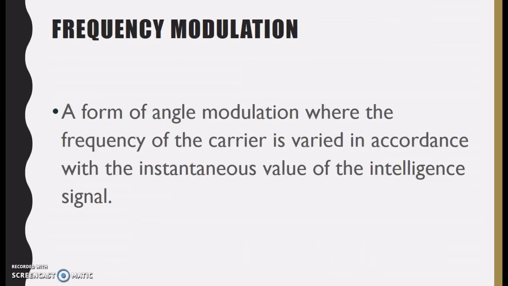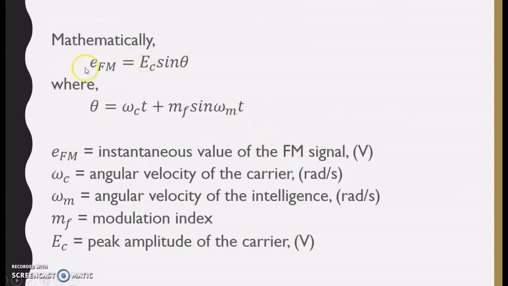Now, the equation of frequency modulation is expressed mathematically as E sub FM equals E sub c sine theta, where this theta here is equal to omega t plus m sub f times the sine of omega sub m times t, where E sub FM is the instantaneous value of the FM signal, which is in volts, and omega is the angular velocity of the carrier, which stands for C, and of the intelligence, which is for M, or the modulating signal, which is in rad per second.